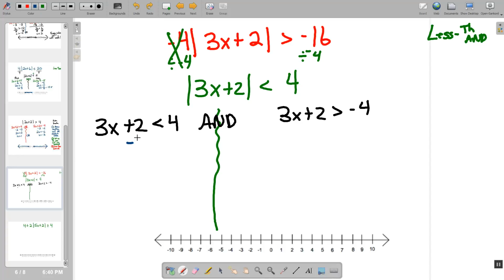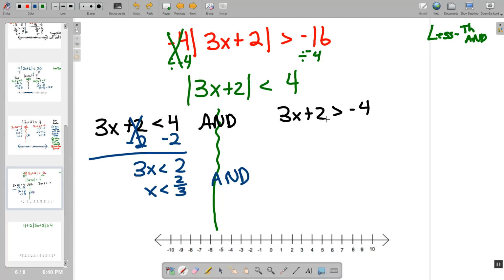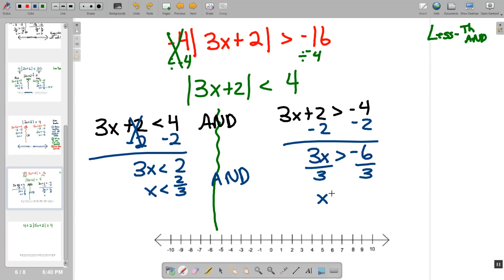Now I'm going to solve my equations, which I've done many, many times before. I'm sure you are not sick of this at all, even a little bit. And then I'm going to subtract 2 from both sides to get 3x is greater than negative 6, dividing both sides by 3 to get x is greater than negative 2.